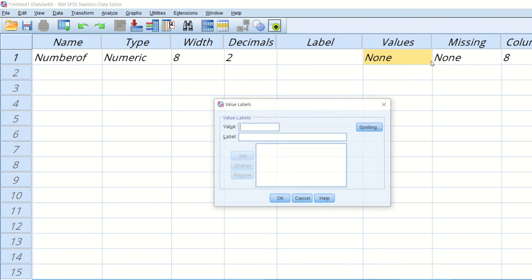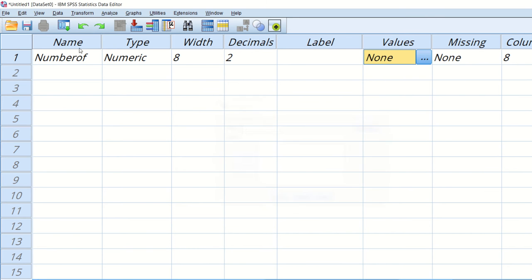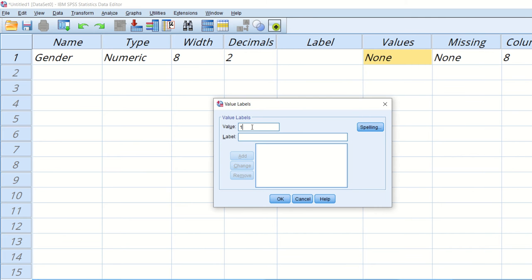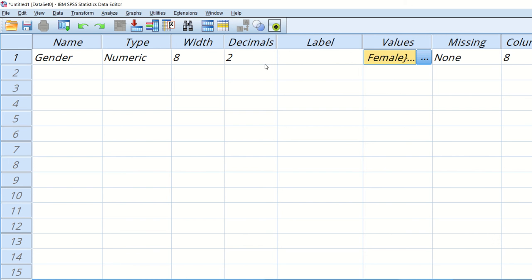Values, if we group it, for example, if we have a variable name like gender, the value part helps us to group it. For example, one female, two male. It's not important whether we write one for the male or two for the female.